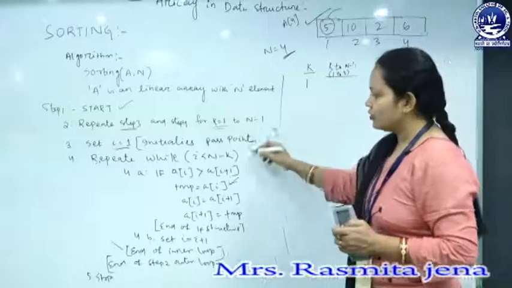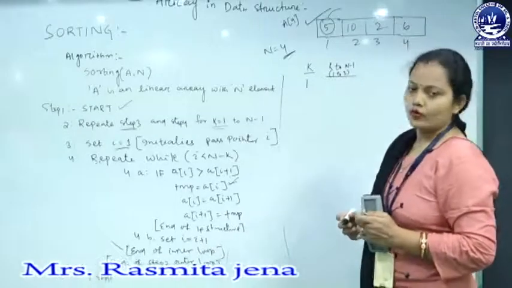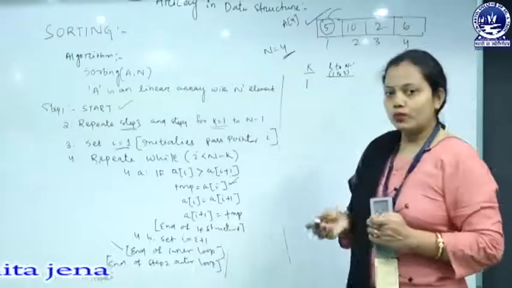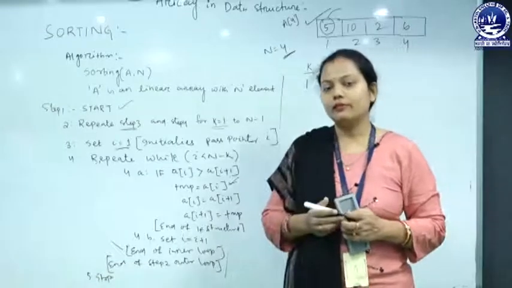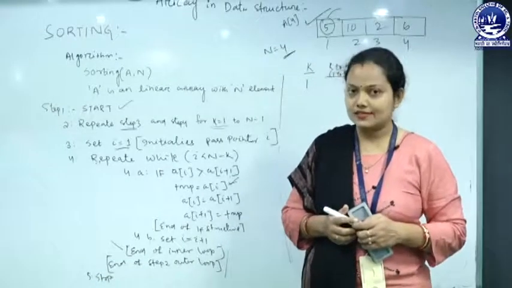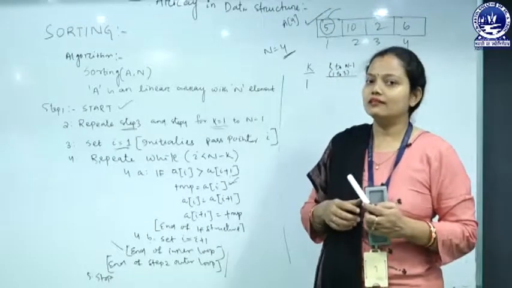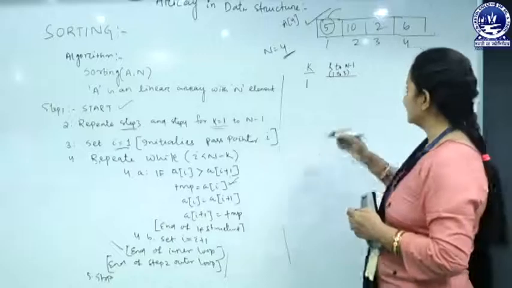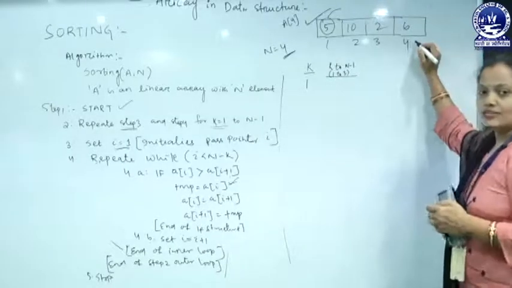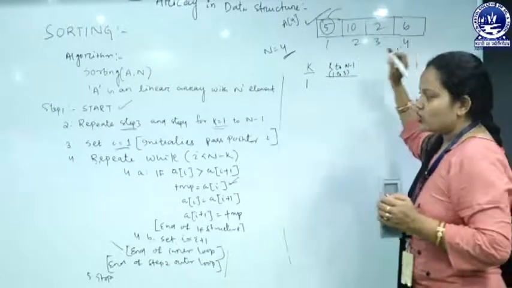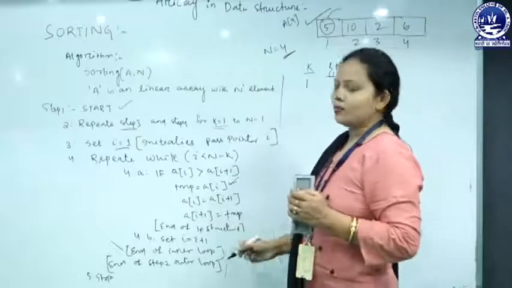In bubble sort, we sort the elements by taking a number of passes. When we execute one pass, the largest element is set at the highest location of the array.